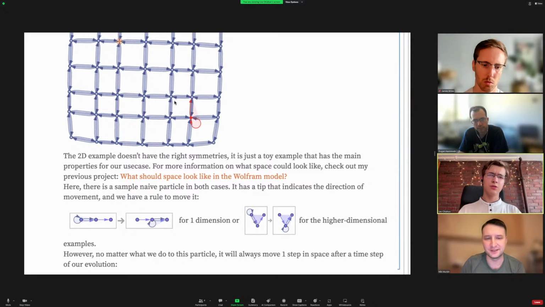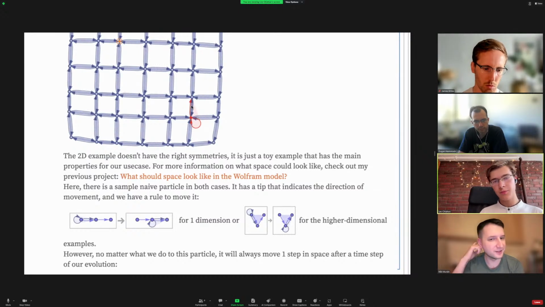Well, if the particle is currently here, you have the momentum edge and vector encoded here, and you know that the next location of the particle is going to be here, because that's where the momentum vector is pointing.